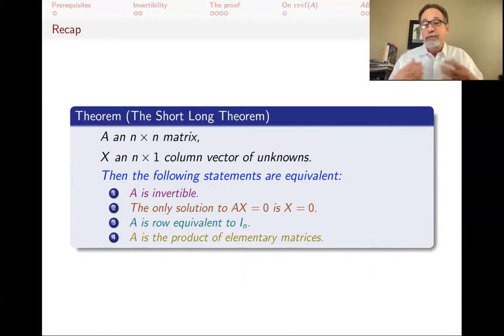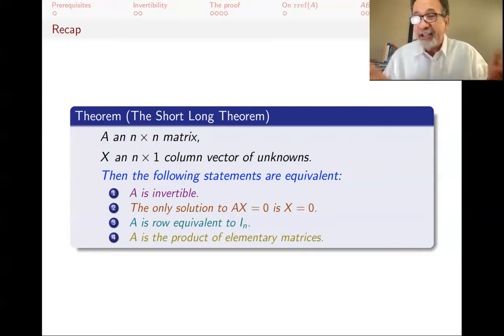And therefore, if your day job is finding invertible matrices, all you have to do is find products of elementary matrices. Not only will you get invertible matrices, you will get all invertible matrices that way. There's no blind spot, some invertible matrix that you're never going to get if you just keep multiplying elementary matrices. And instead of multiplying elementary matrices, you can just start with identity and do elementary row operations. That's the same as multiplying elementary matrices.